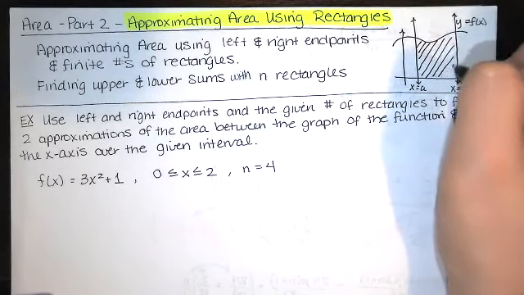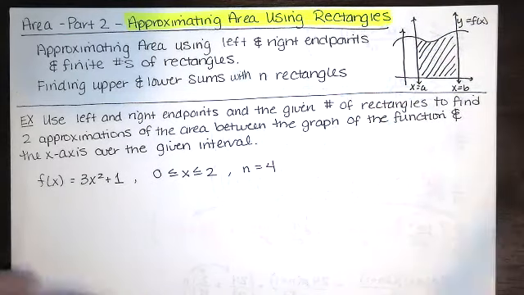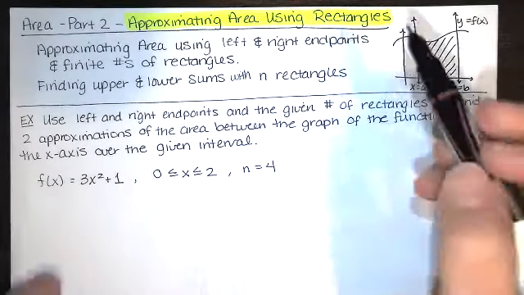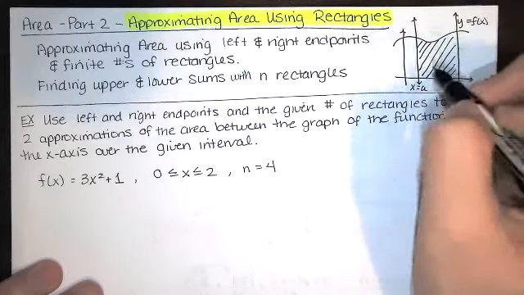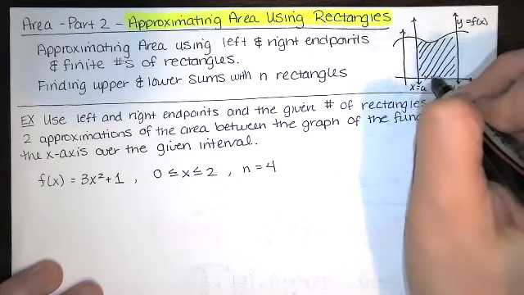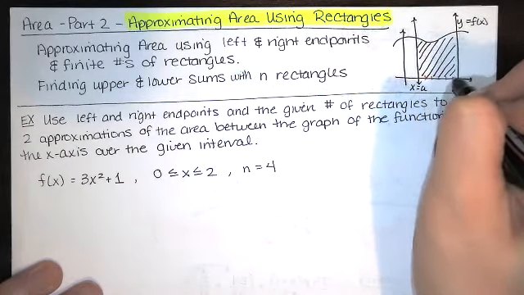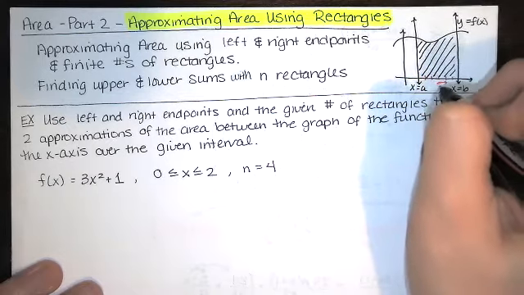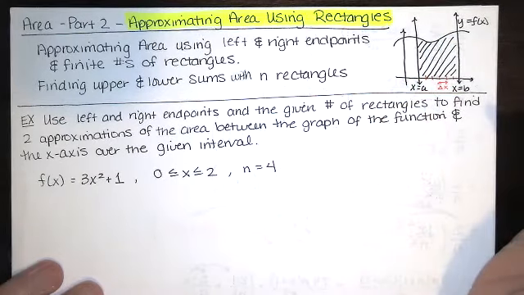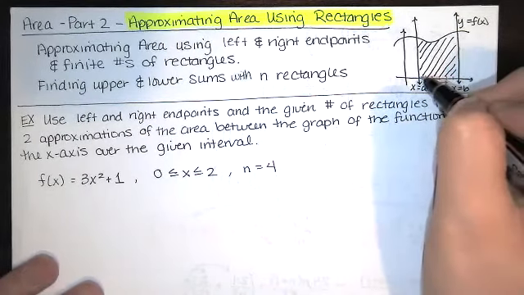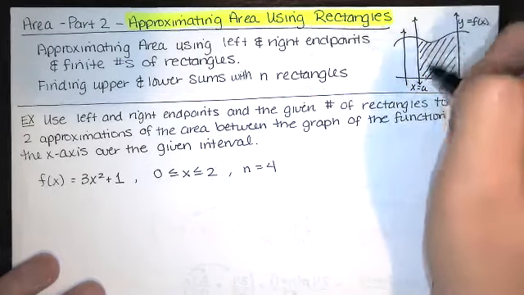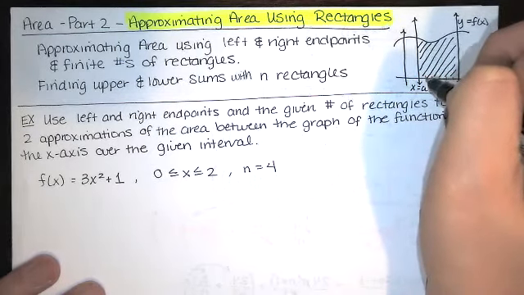One way we can approximate it is we can take this interval from a to b and subdivide it into n subintervals of equal width. And that width we're going to call delta x. It's a tiny change in x. And then on each subinterval, we'll choose an x value and we will evaluate the function at that x value.